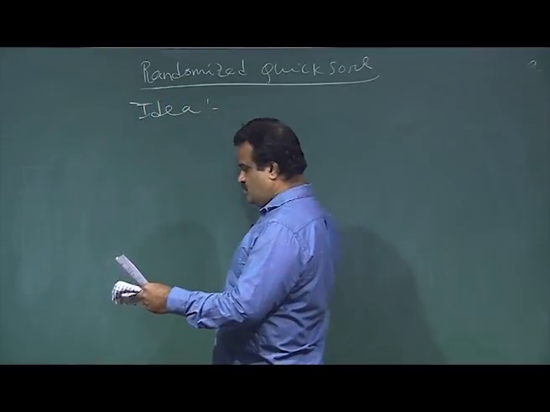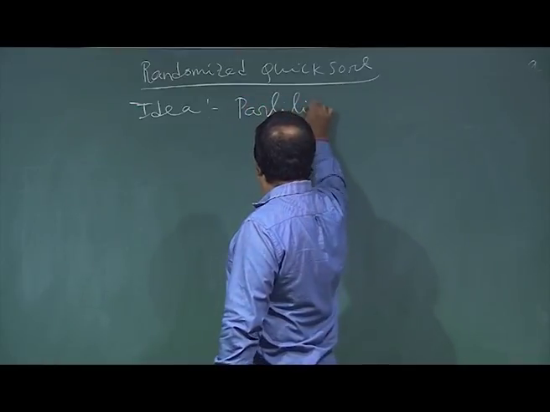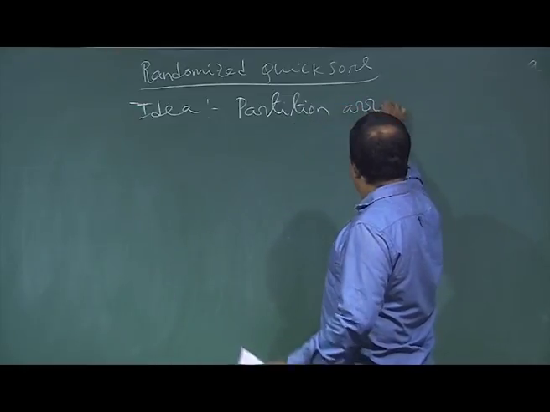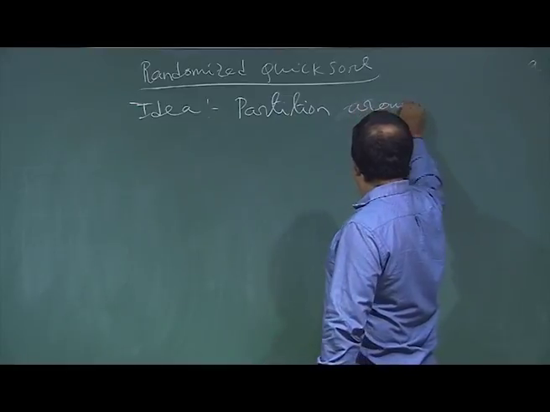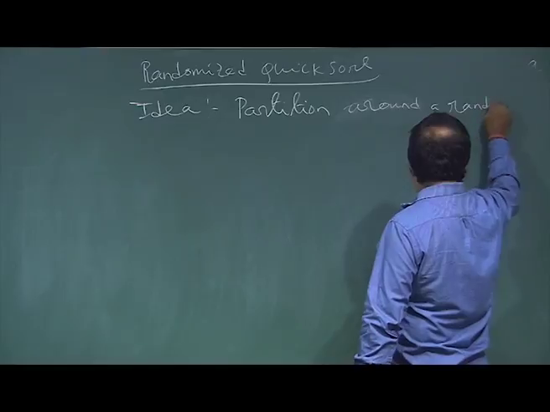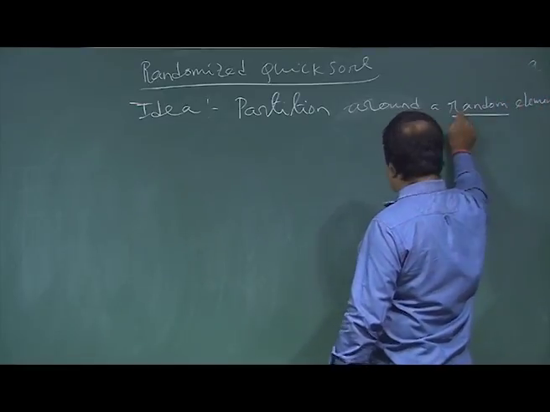So the idea is to partition the array around a random element. We are choosing the pivot randomly.